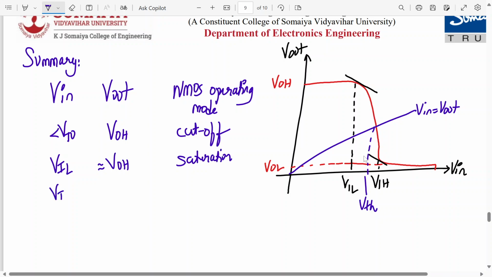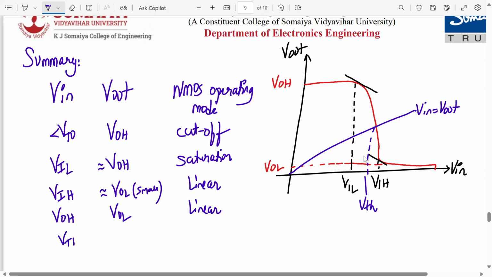Now, if input is VIH, what is output? Almost VOL, very small. Yes or no? So this is linear mode of operation. Then when input is VOH, very high, my output is equal to VOL here, and again I am in the linear mode.